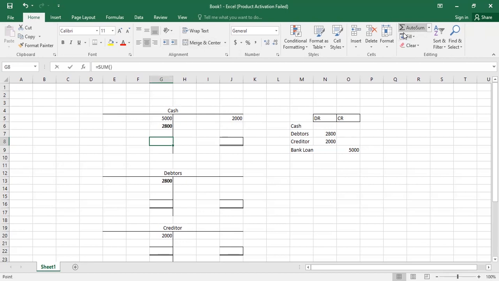This is 7,800 in here. In here also 7,800. So we need to deduct 2,000 from this one. You know how much? It's rupees 5,800 debit side. 5,800.